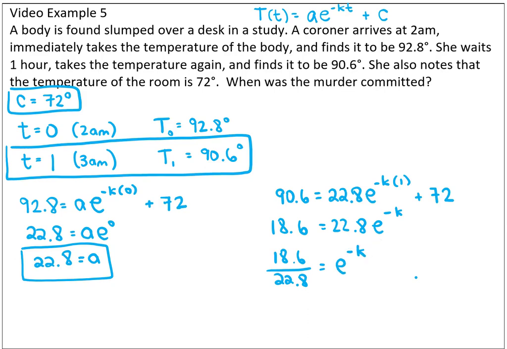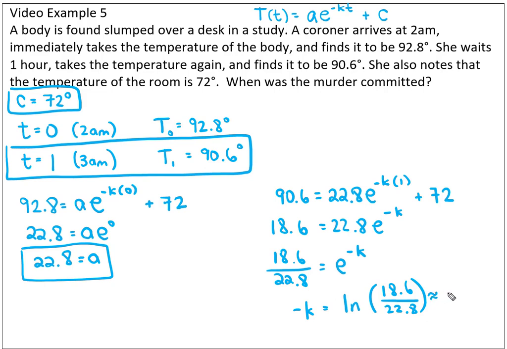And to solve for k, we'll get negative k is equal to natural log of 18.6 over 22.8. Notice that I'm keeping the fraction instead of rewriting it. That's because I want my answer to be as exact as possible. So this is what I'm going to type into my calculator.